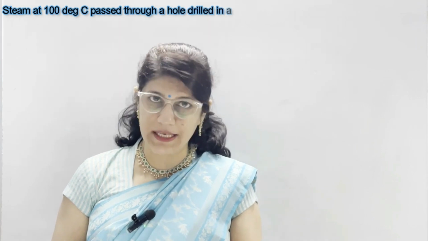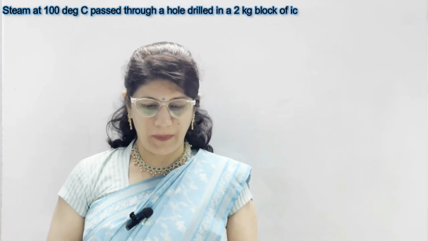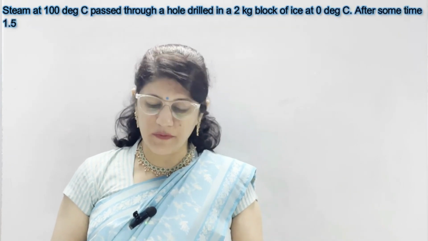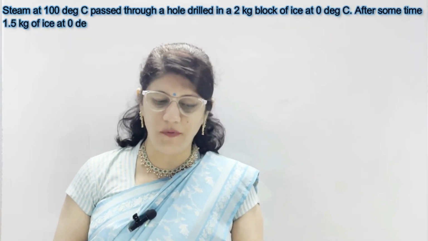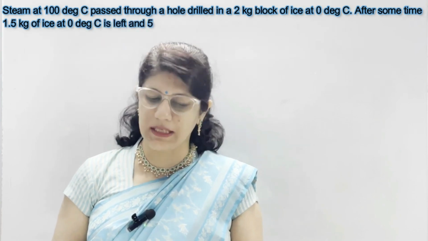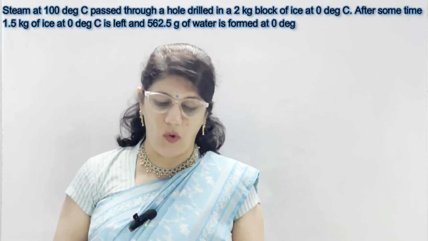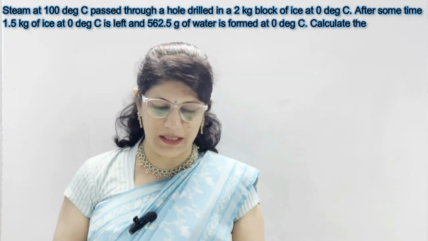Next numerical: steam at 100 degrees Celsius passed through a hole drilled in a 2 kg block of ice at 0 degrees Celsius. It means mass is not given directly here also. After some time, 1.5 kg of ice at 0 degrees Celsius is left and 562.5 gram of water is formed at 0 degrees Celsius.